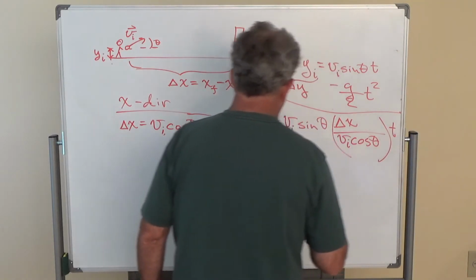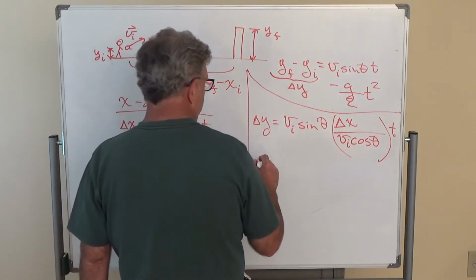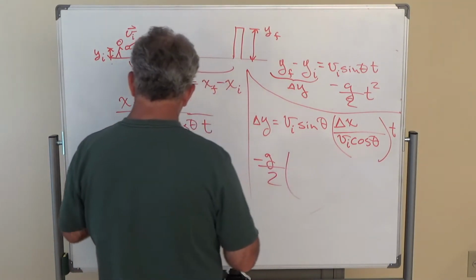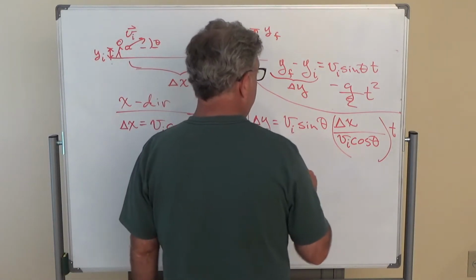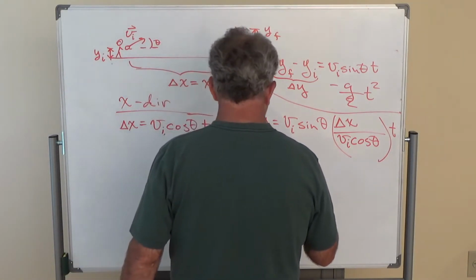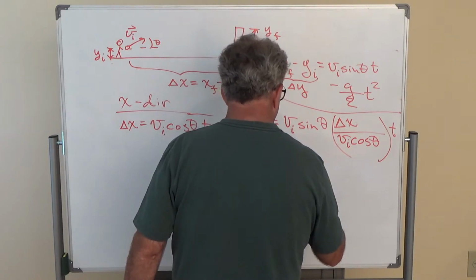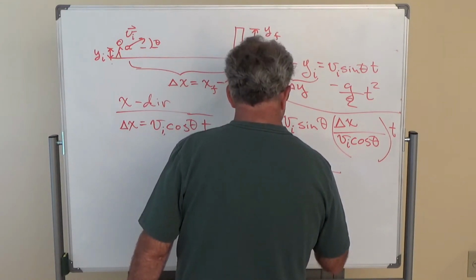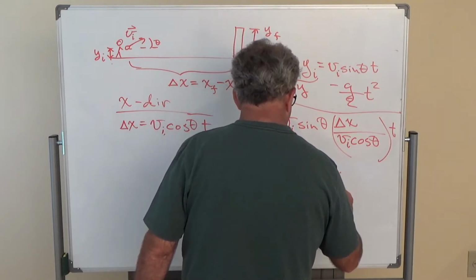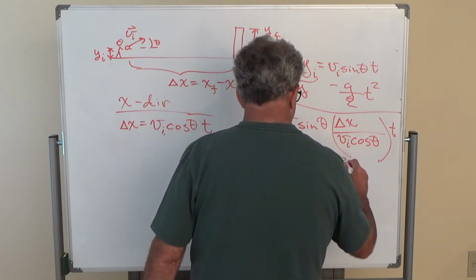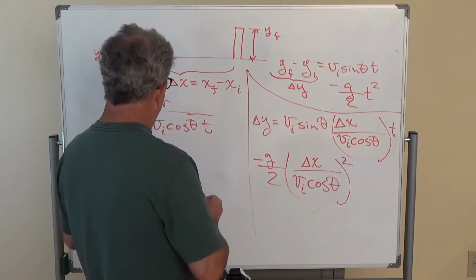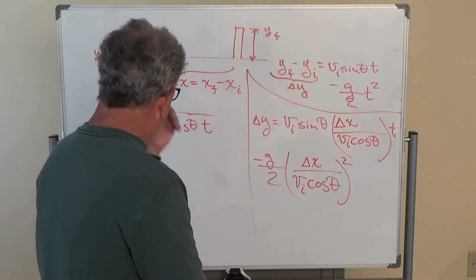Minus g over 2 times T squared, which is delta X divided by V initial cosine theta, squared.